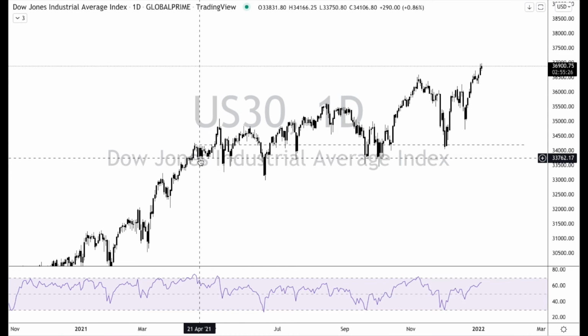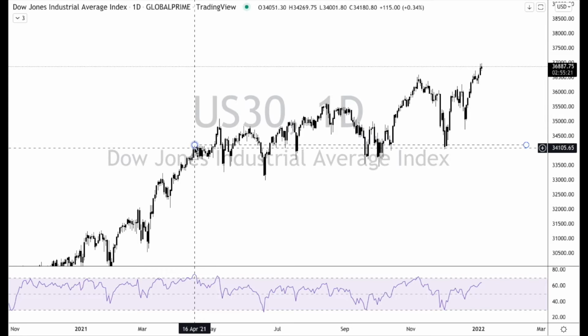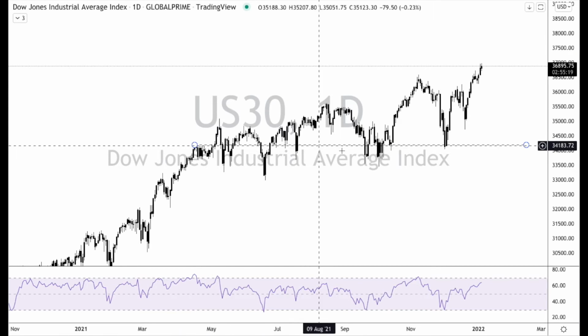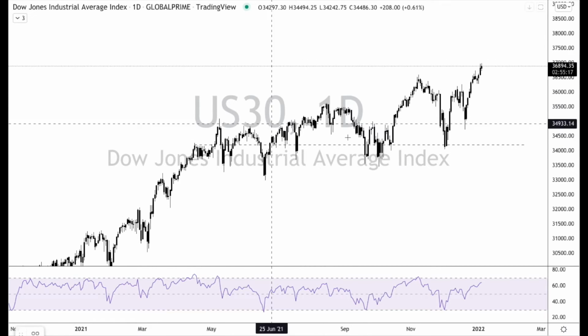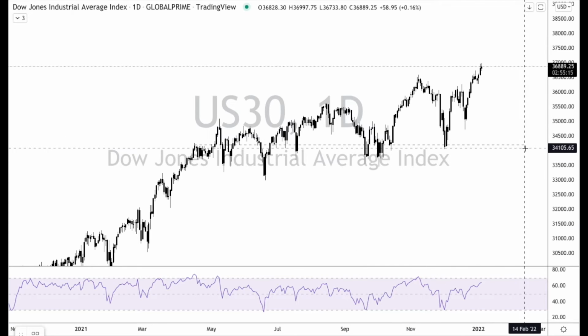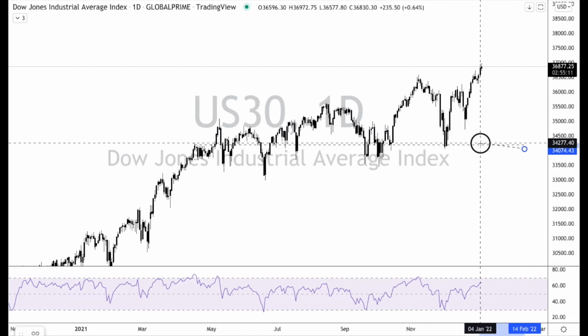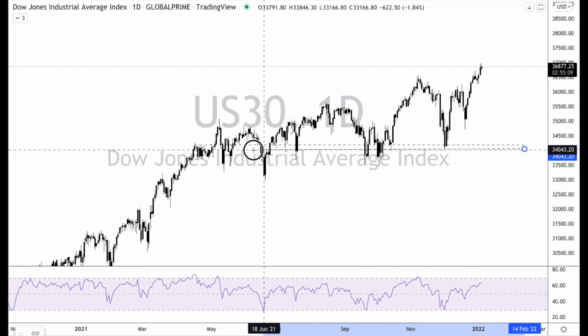And then this price action level, believe it or not, has also another level inside of it that I would want to respect. So I'm going to stick another one in there.